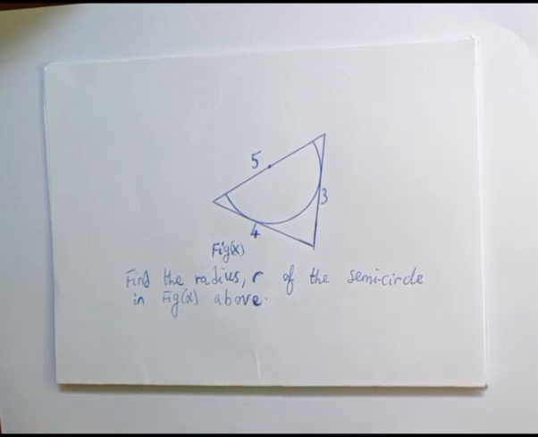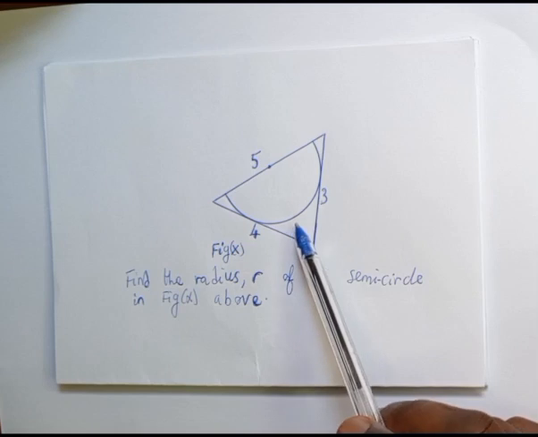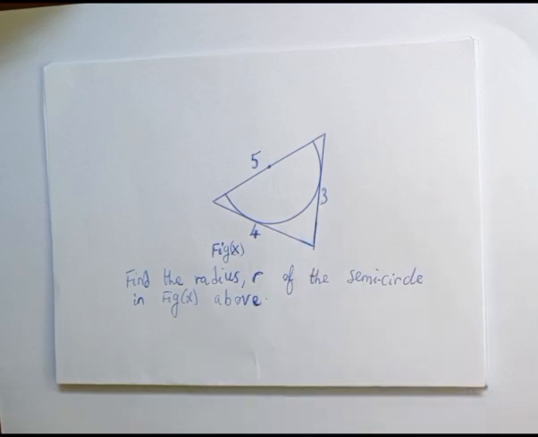For us to find the radius of the semicircle, we are going to find the area of this triangle by making use of Hero's formula. Next, we are going to split this triangle into two triangles with their vertical heights being the radius of the semicircle.